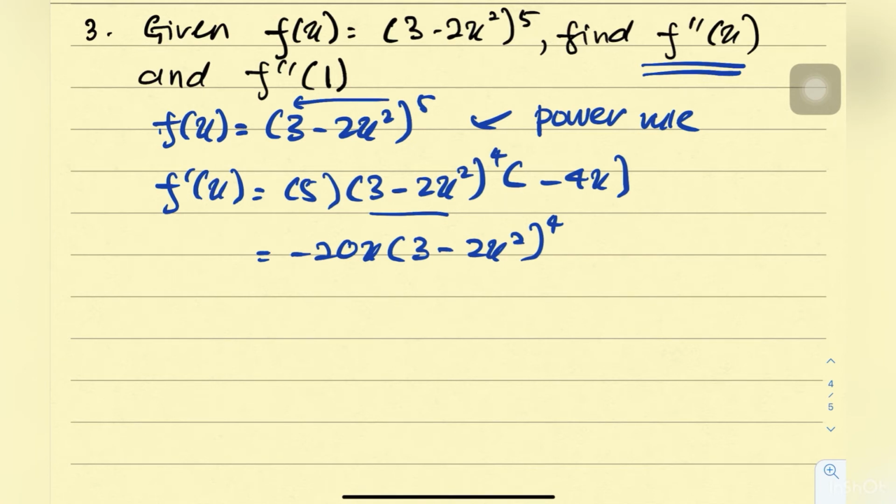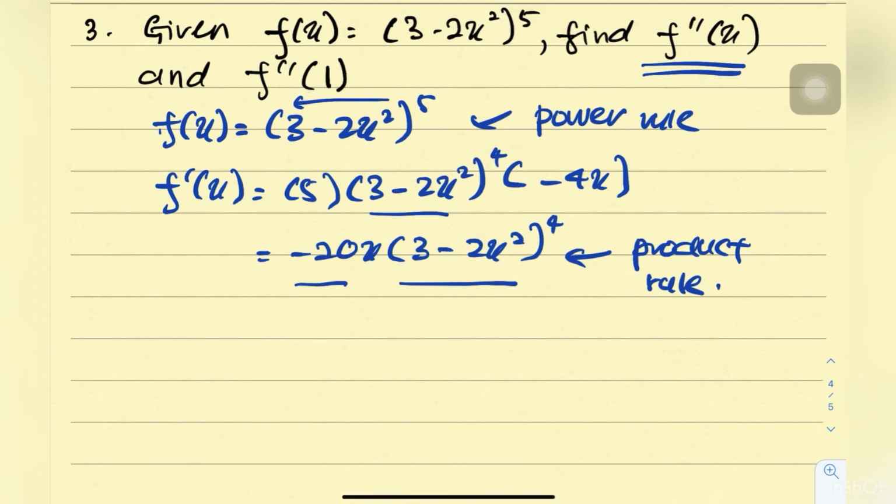To find f double prime x, meaning the second derivative, you have to differentiate another time. But this one is actually the product of two functions, so you have to use the product rule.